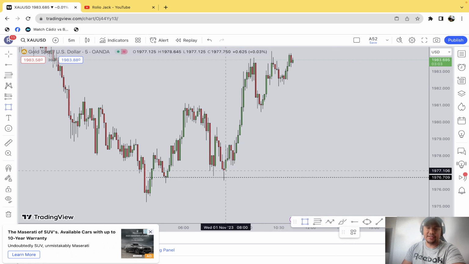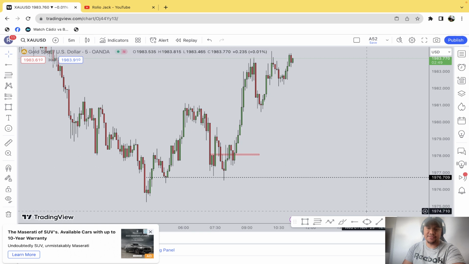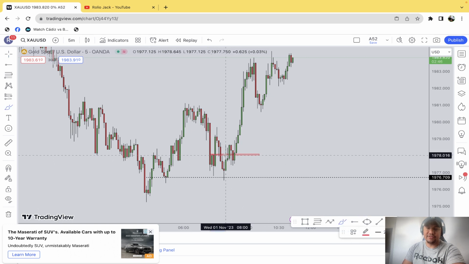Now we need to identify any structure that was created to the left, right? This structure was created, but as we obviously waited for price to develop, the market printed new structure there. So you could have used this structure because this is acting as a level of resistance, and you could have just waited for that break above that. You could have entered there.